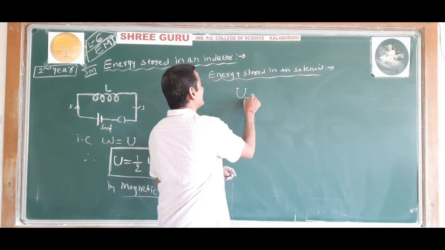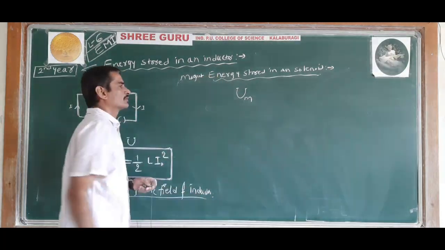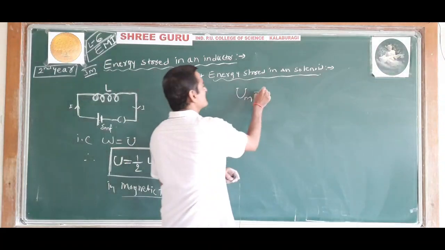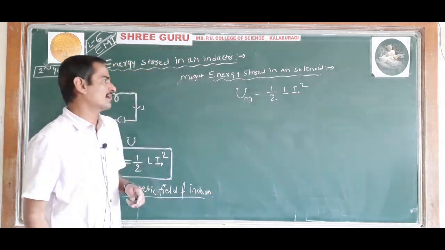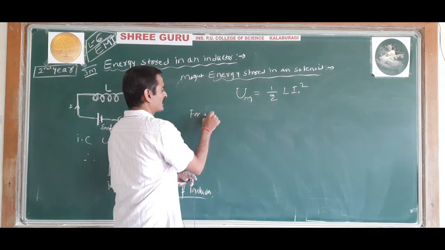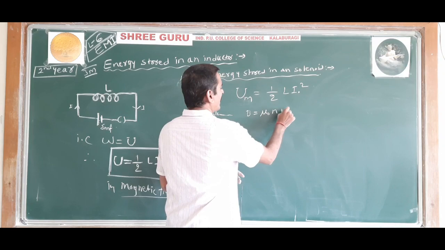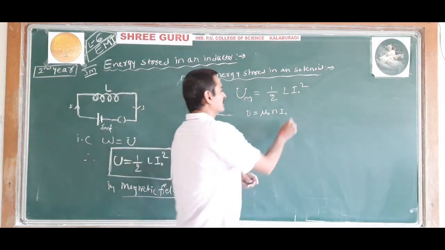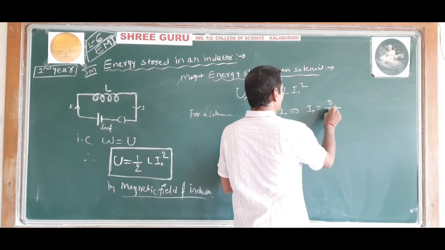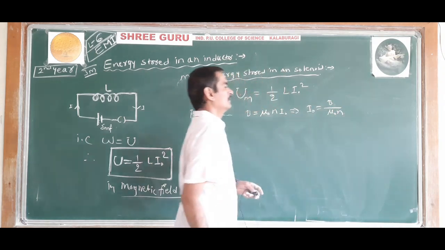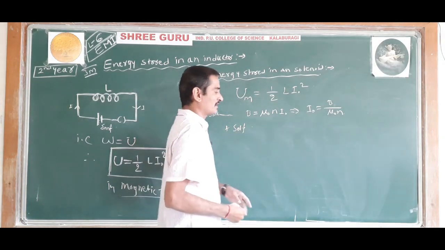The magnetic energy stored in a solenoid is given by Um is equal to 1 by 2 L I0 square. For a solenoid, we know that B is equal to mu naught n I naught. Therefore, I naught is equal to B divided by mu naught n. And also we know the self-inductance of a solenoid, which we have just derived.